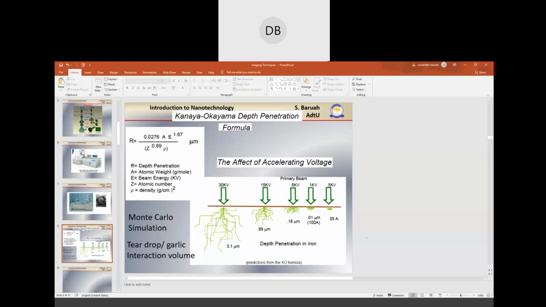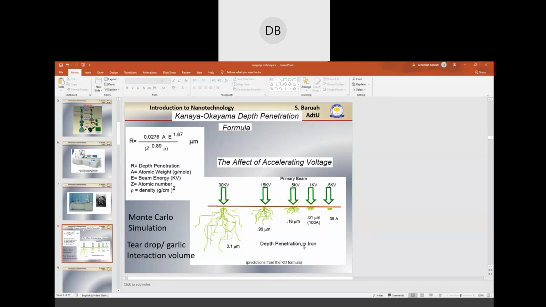Because that is where all the interactions between the electrons coming in and the electrons inside the material happen. All interactions will happen within this volume, and that's why we call it an interaction volume. What happens within that interaction volume is something we need to see. Only then will we understand how electron microscopes work.